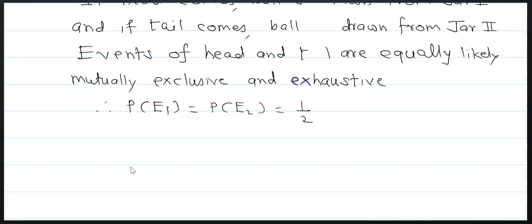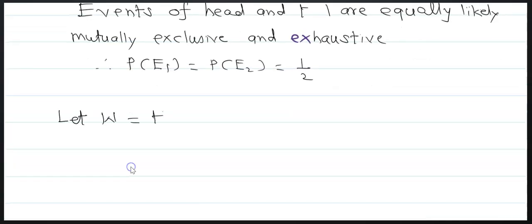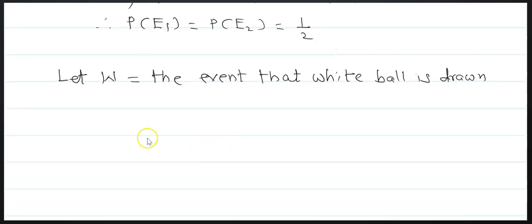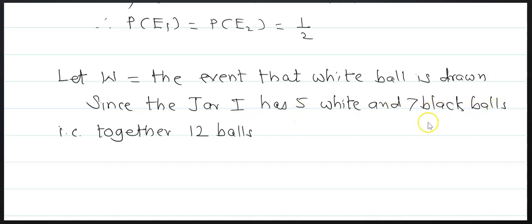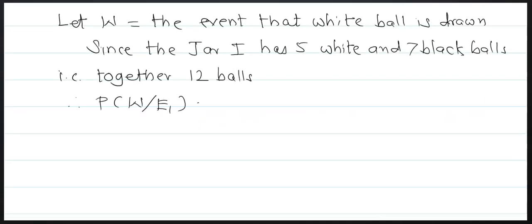Therefore, probability of E1 is equal to probability of E2 is equal to 1 upon 2. That is selection of the jar. Now W, our required event, is the event that the white ball is drawn. Jar 1 has 5 white and 7 black balls, together 12.